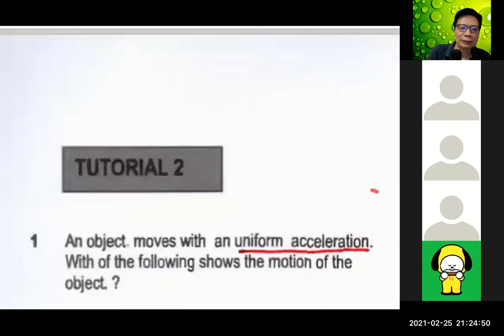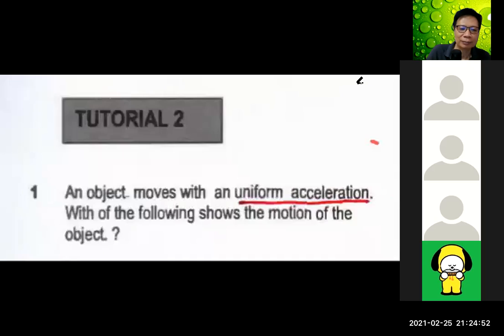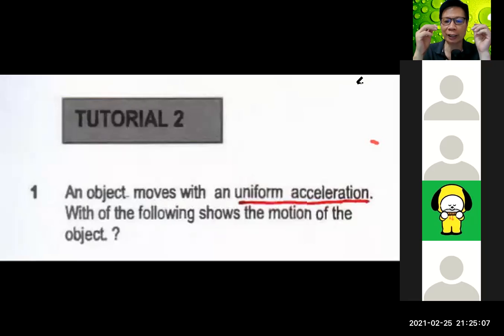Loganist, can you tell me first question, what answer? Please, you cannot talk, never mind, you type your answer. Which graph show uniform acceleration? Loganist, are you there?